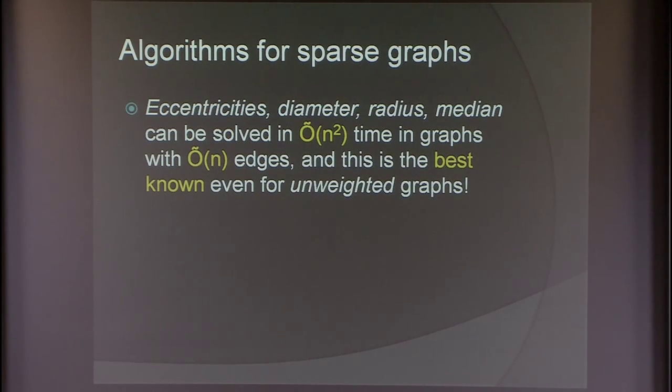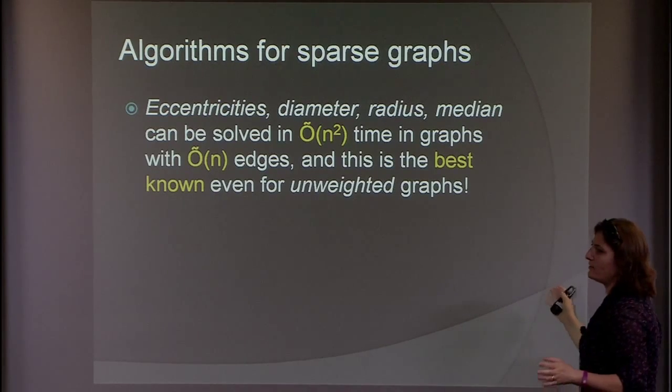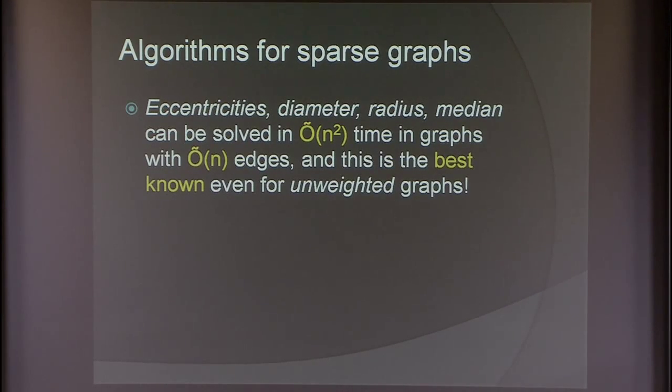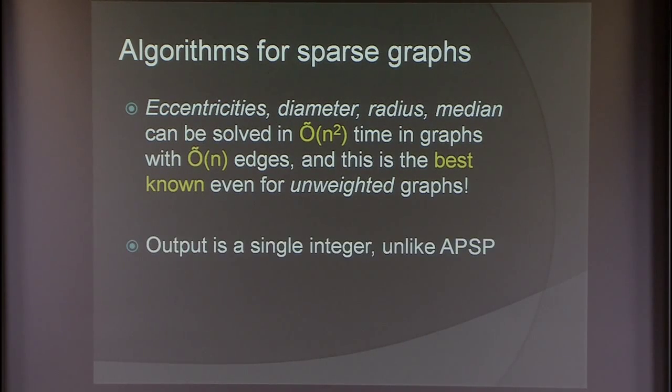See, for the dense case, the problem is hard mainly because there are weights. When the graphs are unweighted, we can solve them in subcubic time. But in sparse graphs, the weights don't play much of a difference. It turns out that we're even stuck on unweighted graphs. So, right.